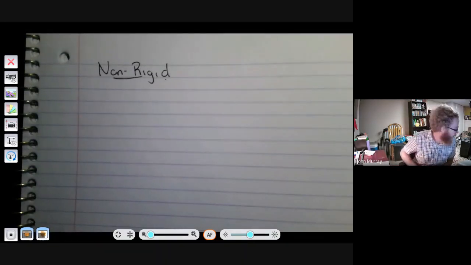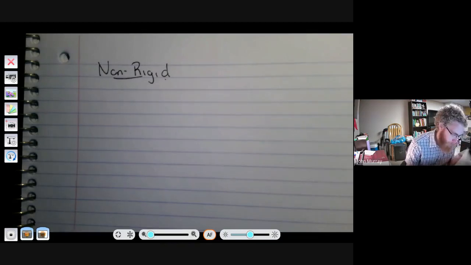Okay, so this in geometry would be like a dilation. Right? You're making something bigger and smaller. Now, you're not necessarily changing the shape, right? You're just changing the size of it. That's in geometry, okay? Here, though, we're actually sort of changing the shape, okay? We're still going to have the same general look and feel of it.